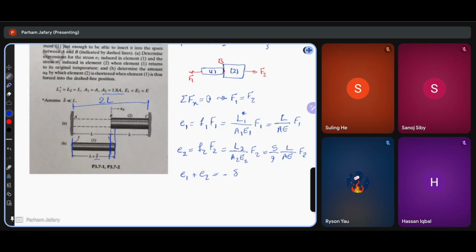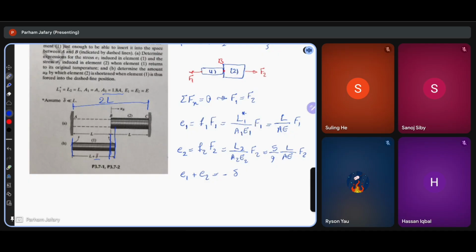So we have written down the equations. They will both deform to some extent, and that extent is E1 or E2 based on their cross section and the modulus of elasticity as given here.